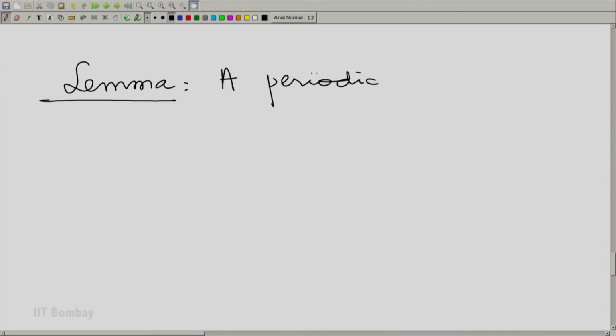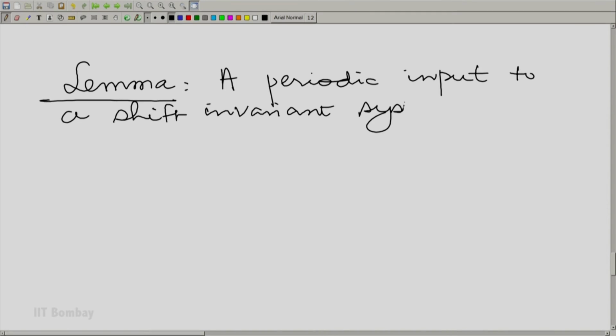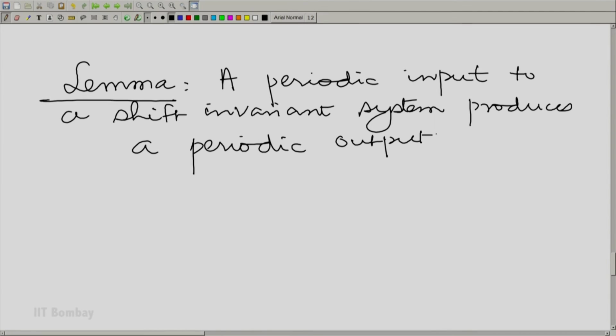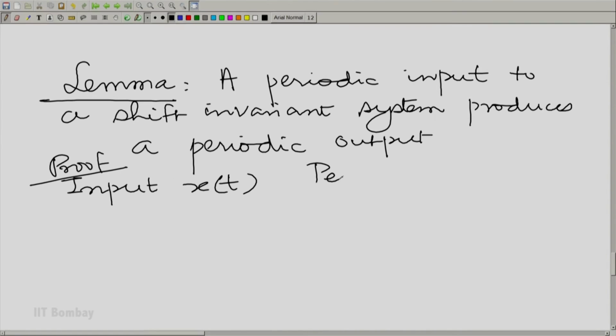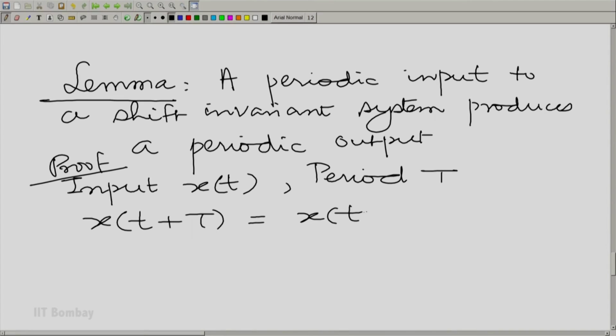Lemma: a periodic input to a shift invariant system, we do not even need linearity, produces a periodic output. Well, that is very easy. Let the input be x of t and let the period of the input be capital T, whereupon we have x of t plus capital T is equal to x of t for all t by definition.